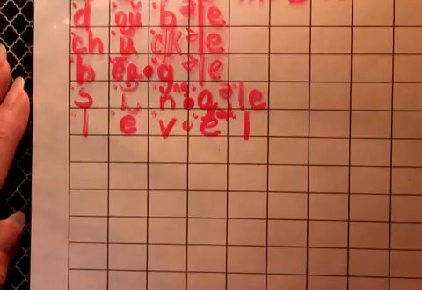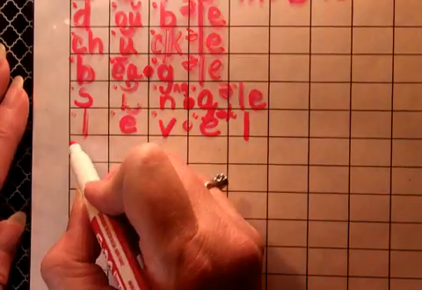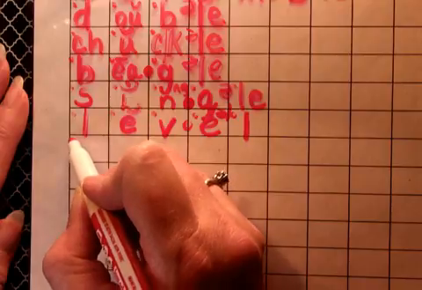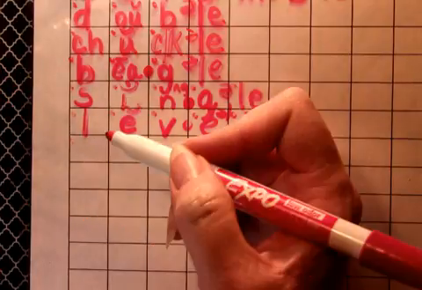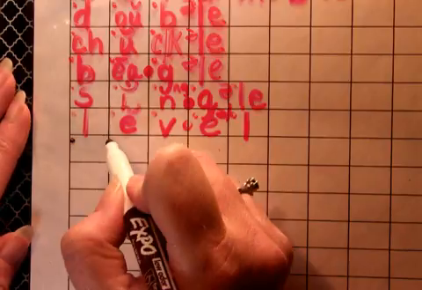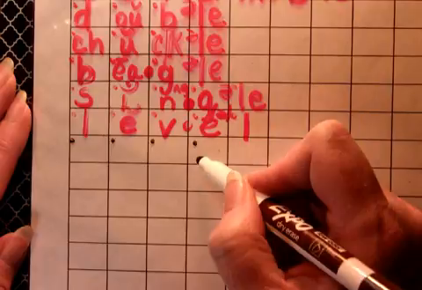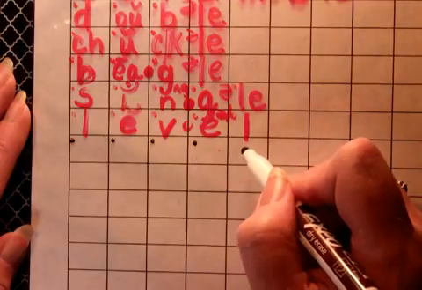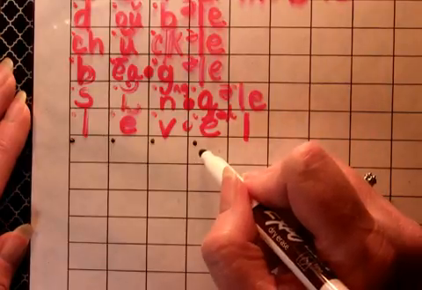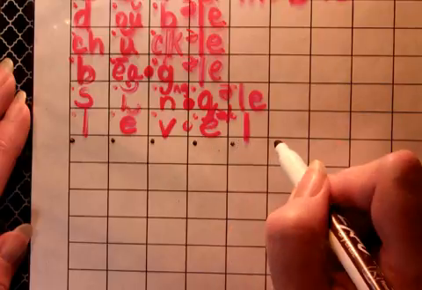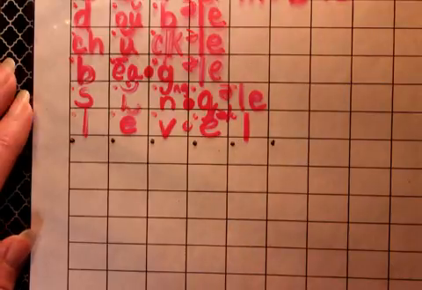Let's do another one. Travel. I love to travel. Okay. Marker's still not happy. Switch again. Travel. That's an A, and then we have the EL. A is a short letter. So it's going to be in two separate boxes.